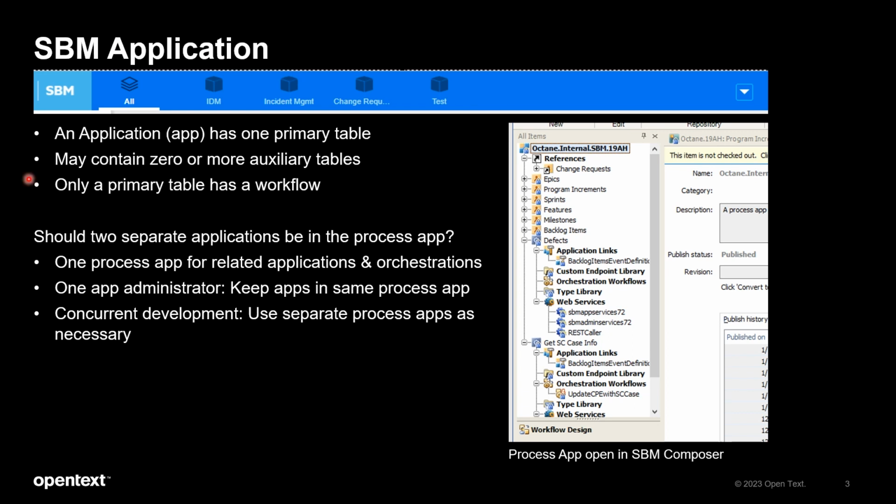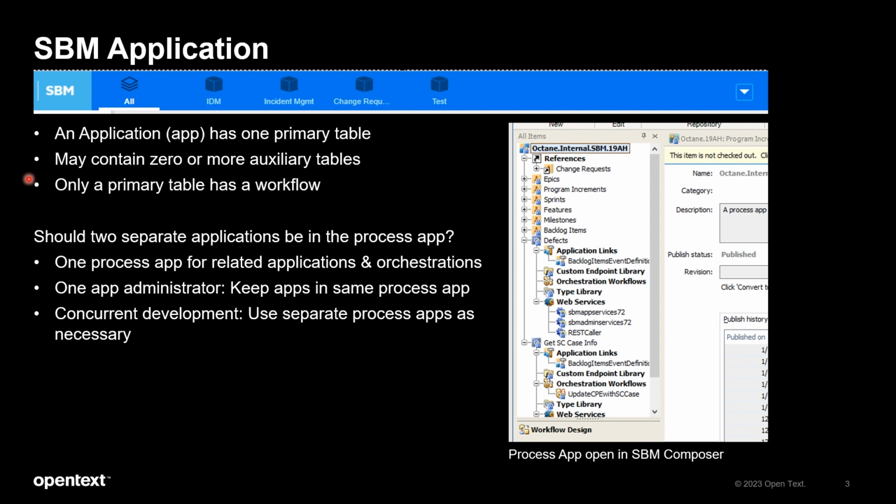So to complete our Process app development, we should ask, should 2 separate applications be in the same Process app? Generally, keep related applications and orchestrations in the same Process app if they really do not stand alone. If one person at a time will be updating your applications, keep the related applications in the same Process app.